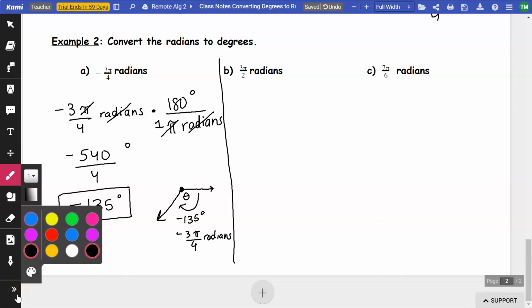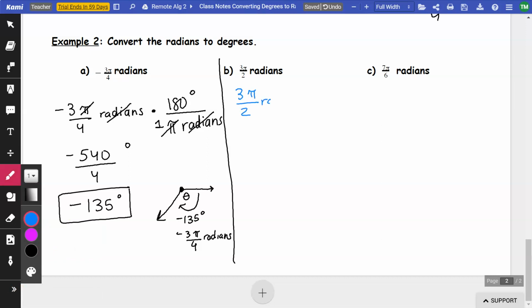So for part B, you should have taken 3 pi over 2 radians times 180 degrees over pi radians. Well, what happens when radians divide radians? They cancel. Pi divided by pi cancels. And then before we even multiply, we can reduce if we want.